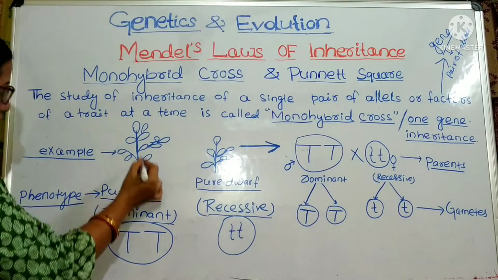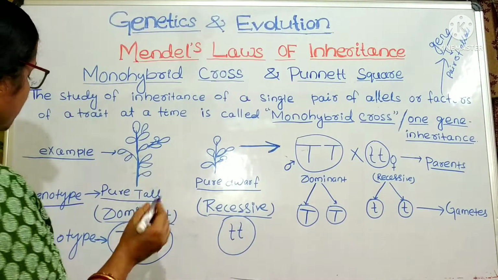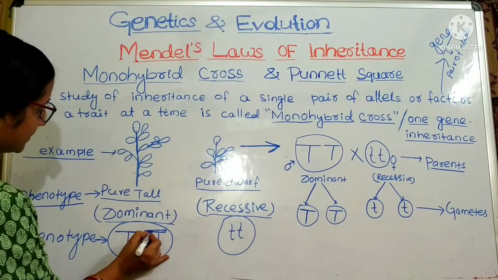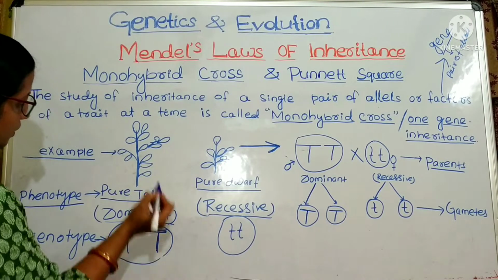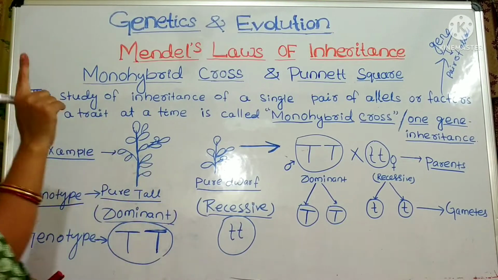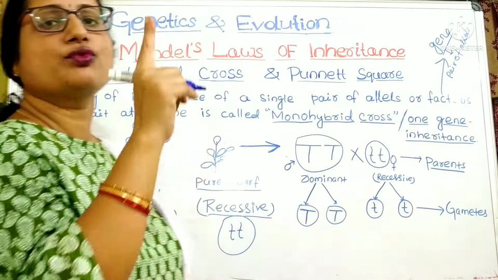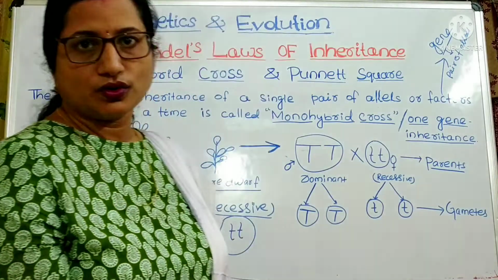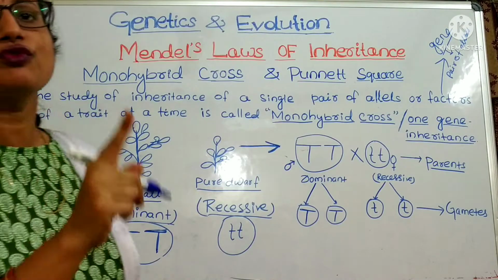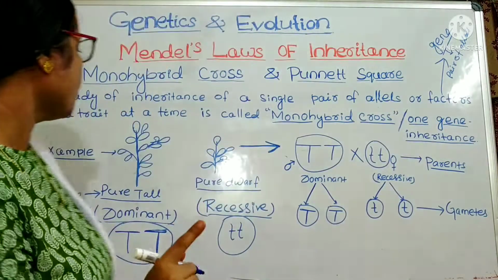The genotype of pure tall is capital T and capital T. One gene is responsible for one character.